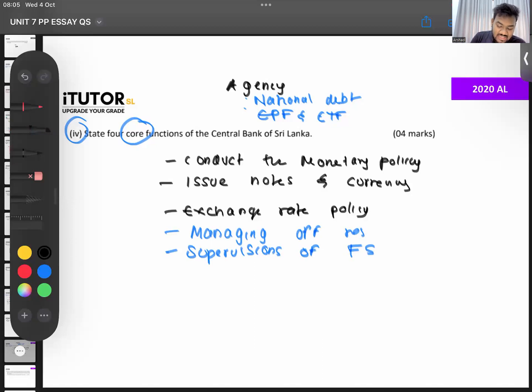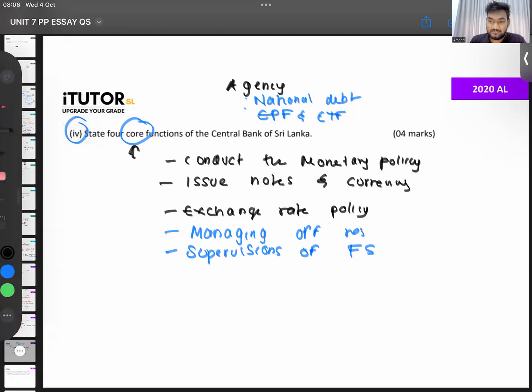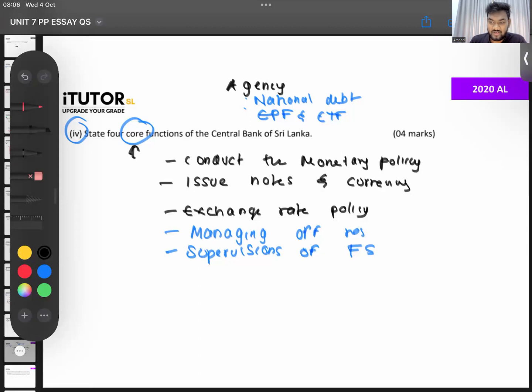So if you write things like managing the national debt or handling the EPF, ETF, those are not core functions. Issuing licenses to primary dealers, we'll put all of that under supervision of the financial system. Providing facilities for commercial banks to maintain reserve accounts is okay, but again not a main one. Yes, remember, always main ones first.